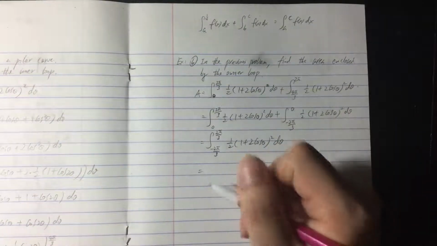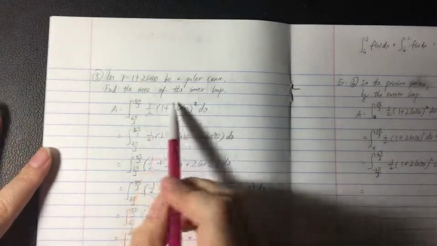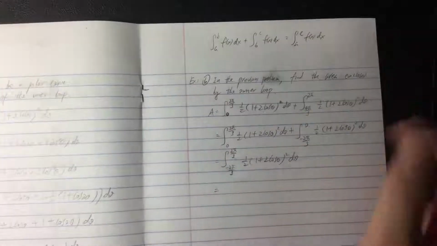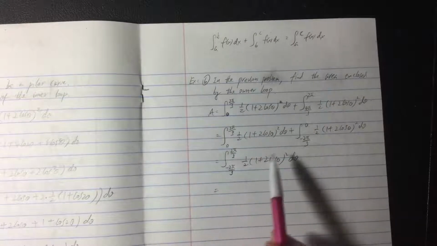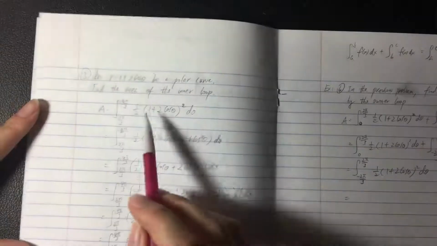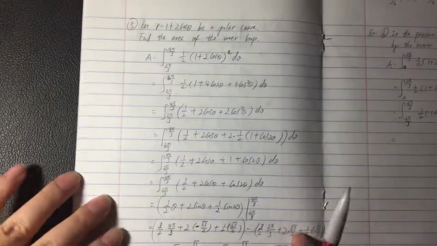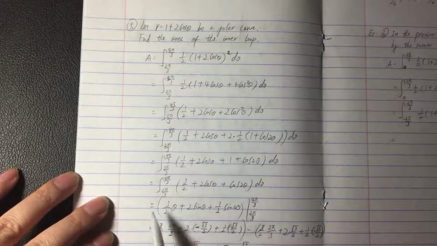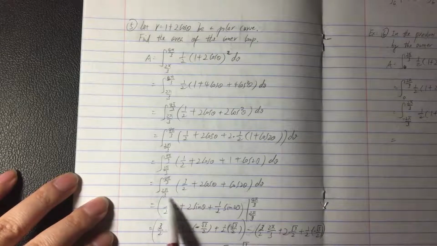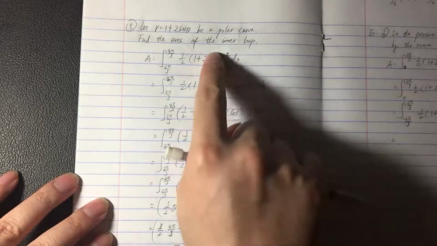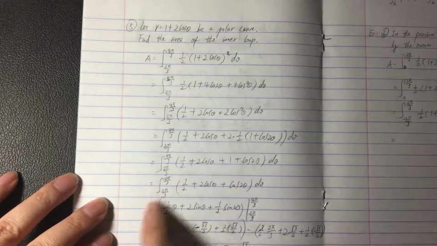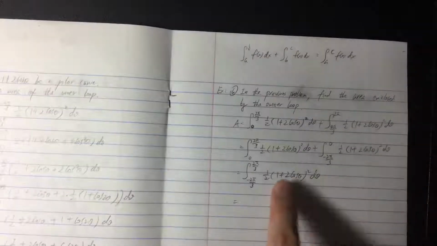Next, take the antiderivative. We know that this function and this function are exactly the same. For number 5 and number 6, the integrand is exactly the same, so their antiderivative must be the same. We found the antiderivative already in problem number 5. That means this is also the antiderivative of this function.